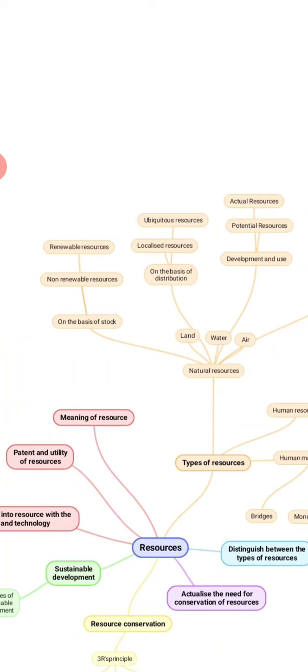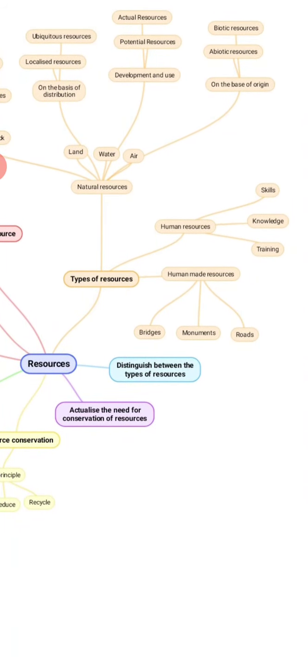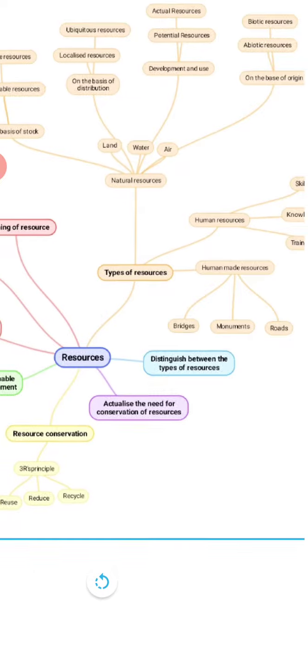On the basis of stock or availability, they are divided into two parts, renewable resources and non-renewable resources. With the classification of these natural resources, you are able to find the differences between the different types of resources.